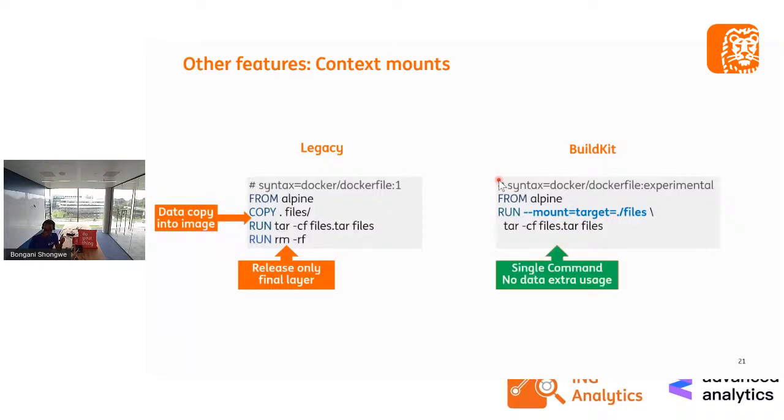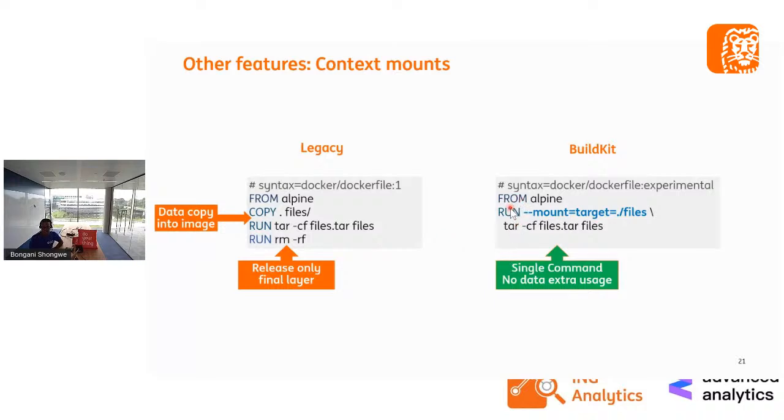Now, build kit, on the other hand, has this new single command. You just need to turn on this experimental syntax. Experimental syntax doesn't mean that it's going to go away. They're just not fully sure of the syntax. So these features are there, but in the future, they might change the wording or the naming of the syntax.